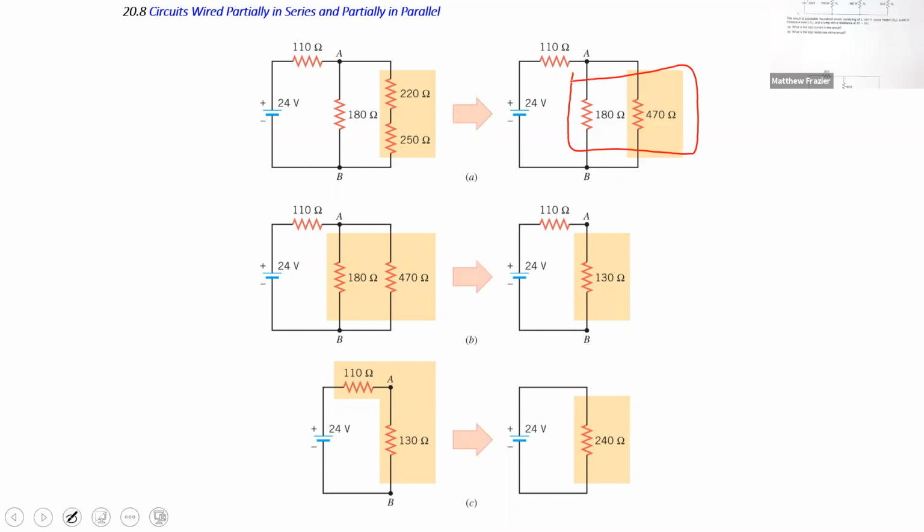When I add that, I get a smaller resistance, 130 ohms. And now I see two resistors in series, I can add those. So the idea is that you go through the circuit carefully and identify the easiest thing to add up, and you add those up.